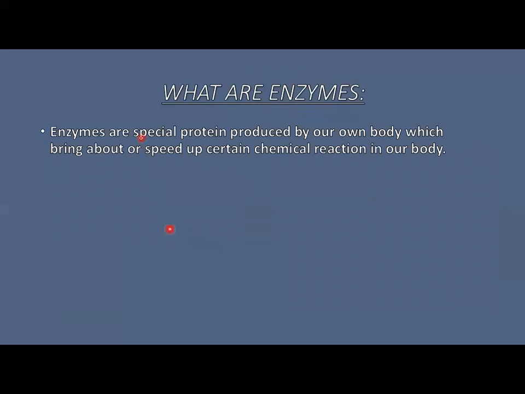Enzymes are basically special proteins, a special type of proteins that are produced by our own body, which bring about or speed up certain chemical reactions in our body. Different types of enzymes are present, and different types of chemical reactions are continuously going on in our body.